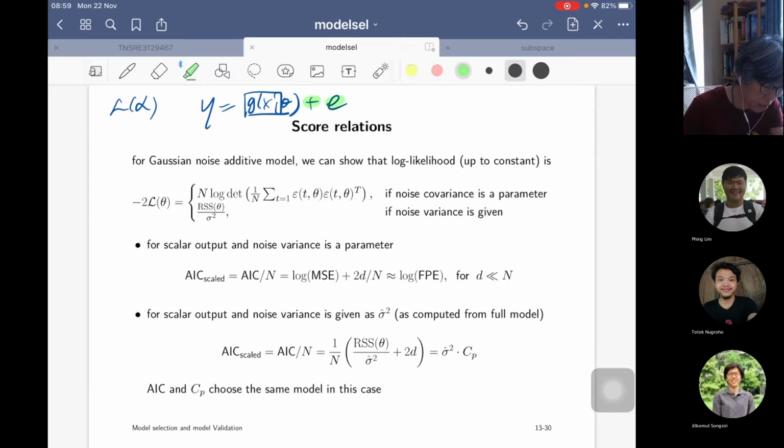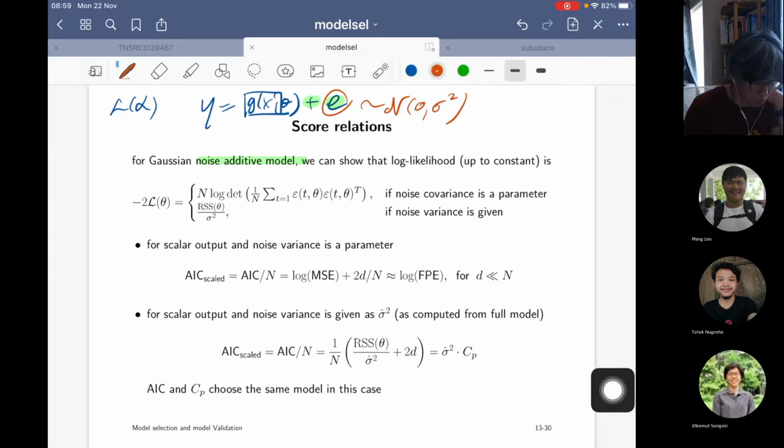When the noise is corrupted in an additive way, we call it a noise additive model. If you assume that the noise is Gaussian, typically zero mean, this is called the Gaussian noise additive model assumption.